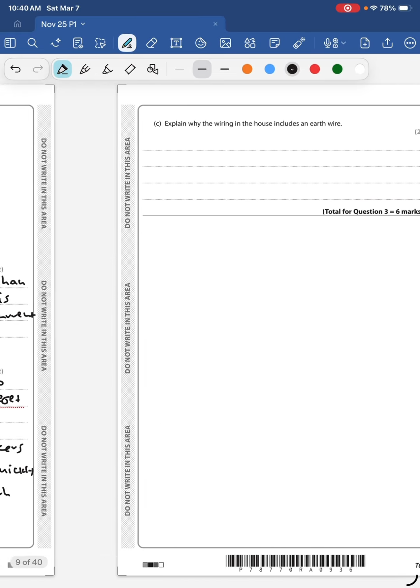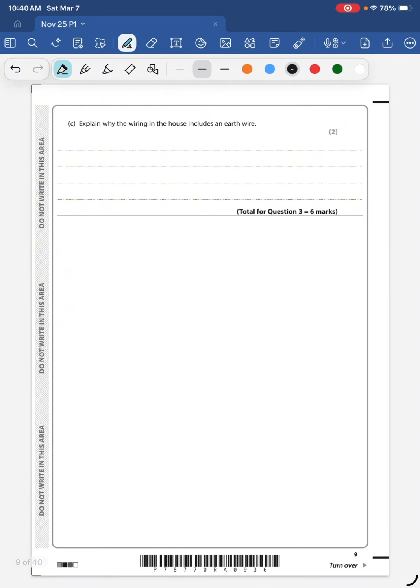All right, and C, explain why the wiring in the house includes an earth wire. So when a fault occurs, current flows through the earth wire.